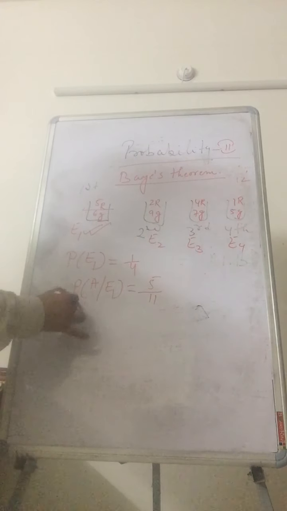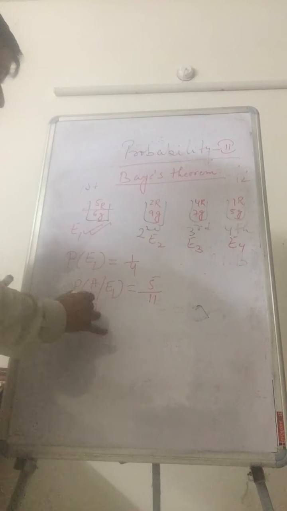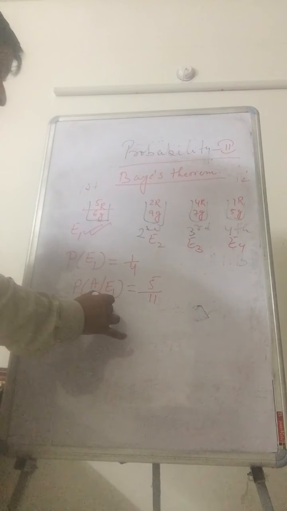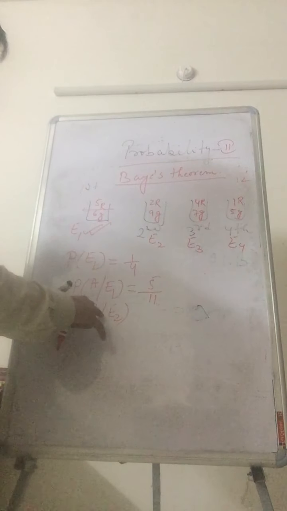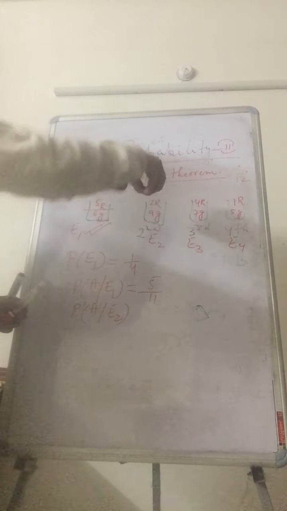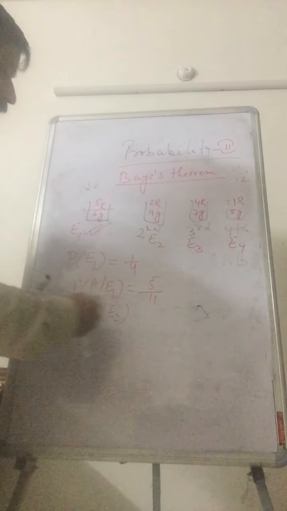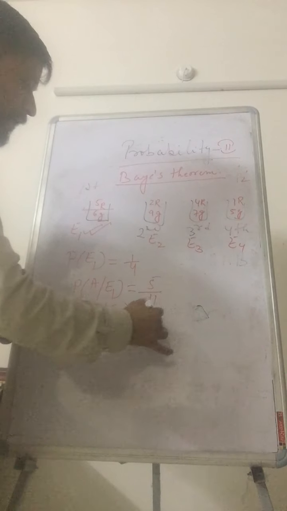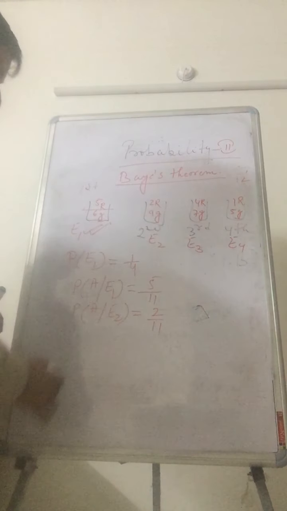Similarly, we will find the probability of getting a red ball from the second bag. A given E2 means when E2 has already occurred. This is not division, it means first you have selected the second bag, then from there you are taking out a red ball. So it will be 2 by 11, because the total is 11 and only 2 red balls are there.